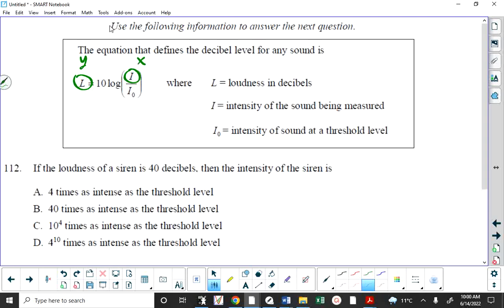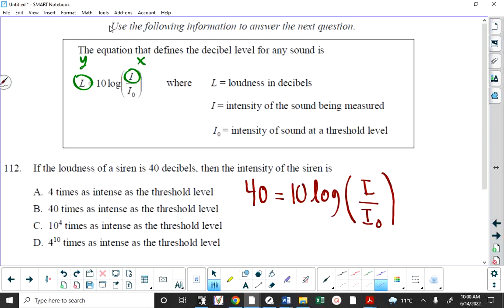Well, if we put 40 in for the loudness, we get 10 log I over I0. This I over I0 is what we're asked to find. It's how many times greater the intensity is compared to the threshold level. So imagine that I over I0, forget about this question, was 20.